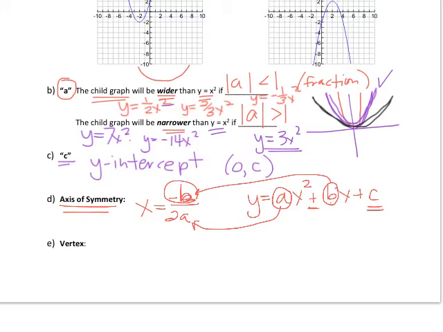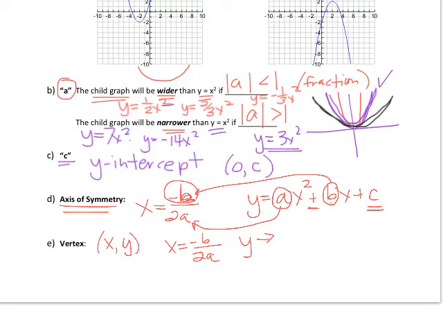And then to find the vertex, the vertex is going to be an ordered pair. We're still going to be using our little formula that we use to find the axis of symmetry, but this time we're going to find our y by plugging in the x value.